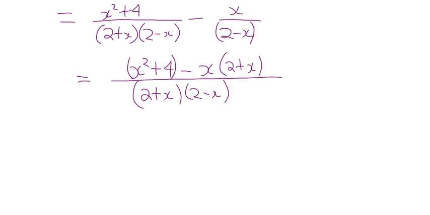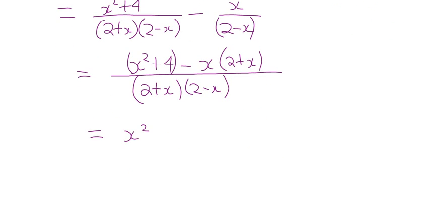Now let's drag this down. So we get x squared plus 4. Okay? Expand. Minus 2x minus x squared, right?